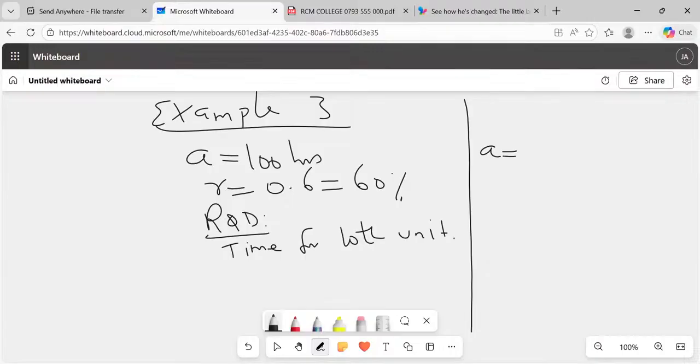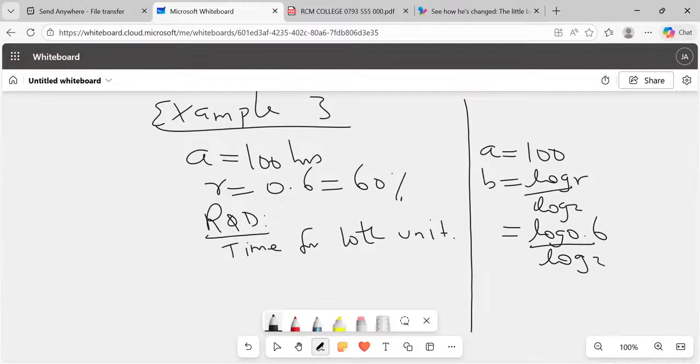Time taken to produce the first unit. So A is 100. B, I will get by taking log R divided by log 2. So this will be log 0.6 divided by log 2, which will end up giving us a negative 0.7370.